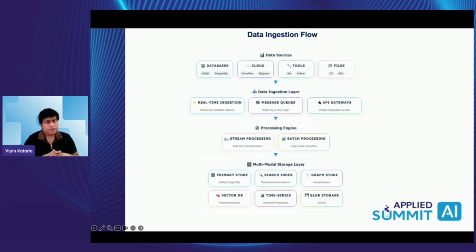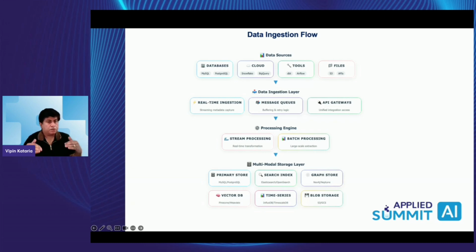On a high level, there are multiple data sources. Think of a database, cloud tools, or files. They are all ingested through the data ingestion layer, which could be real time, a message queue, or an API gateway. Once you have ingested the data, you need to process it, which could be real-time streaming or batch mode processing.